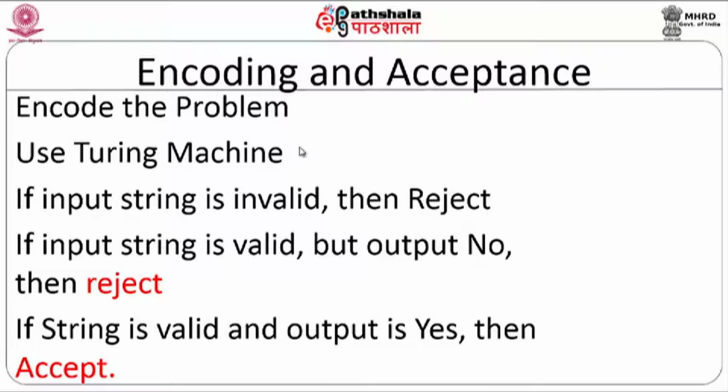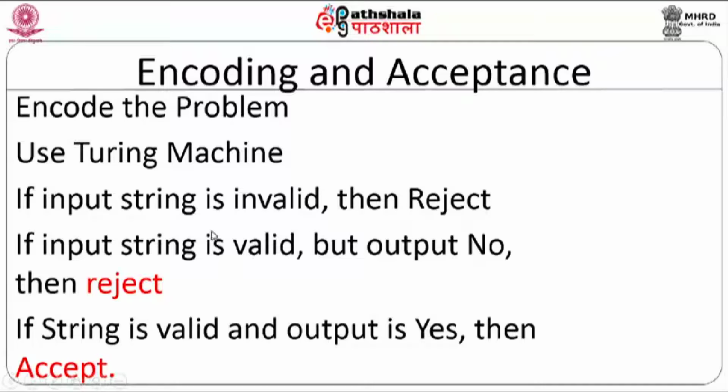Please recollect the Church-Turing thesis also, which says that all the problems that are solvable are solved by Turing machines. So, using this concept, we can say that if the input string is invalid, that means the string obtained from the given problem is invalid, then we are going to reject that.